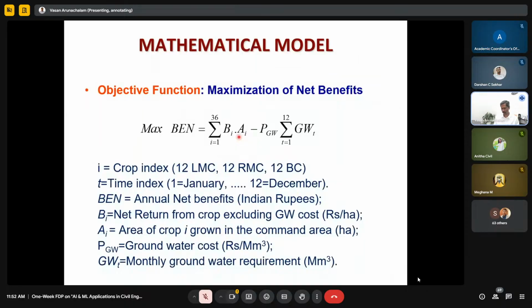Now, in all these things, one more important thing we usually take care of is the concept of determining how a crop will ultimately come to its maximum yield capacity. We use the concept of crop water requirement calculation using a method called the Penman-Monteith method, based on the meteorological data of that particular region.